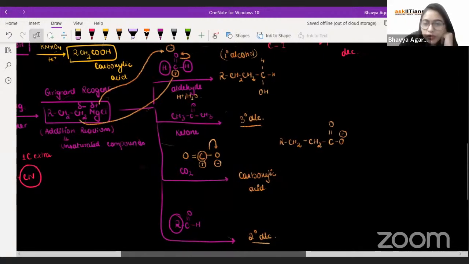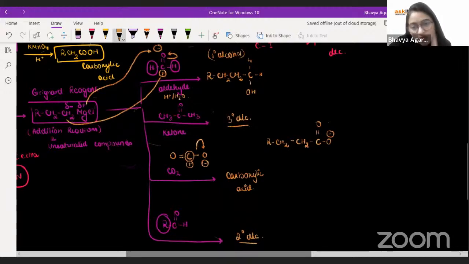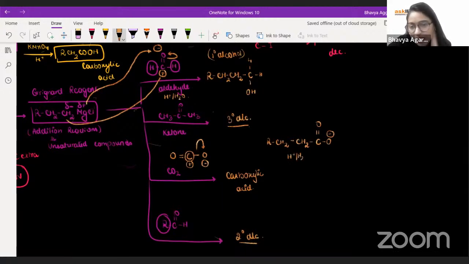Now here what happens? H plus and H2O, do the hydrolysis either directly. So in that case, you will get this part. Otherwise, there is a second attack of Grignard.